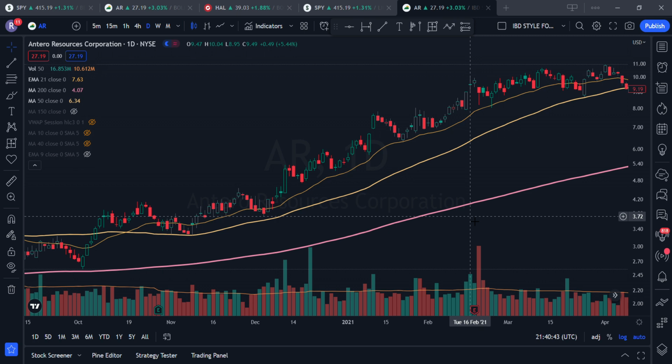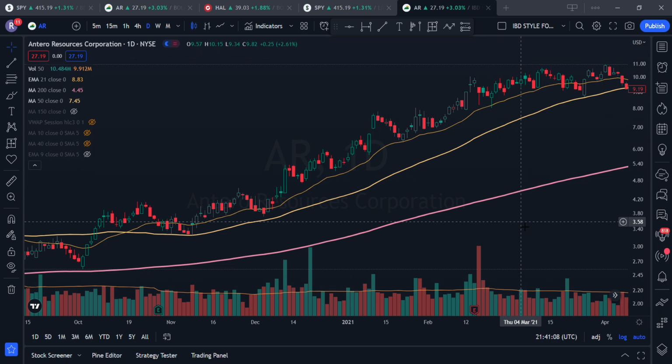Whether it's the 50-day or the 21, the 21 will start first because it's more sensitive, being the exponential moving average, so it reacts quickly compared to the 50-day and the 200-day. Then slowly your 200-day moving average will start to flatten out, so it's not in an uptrend anymore.